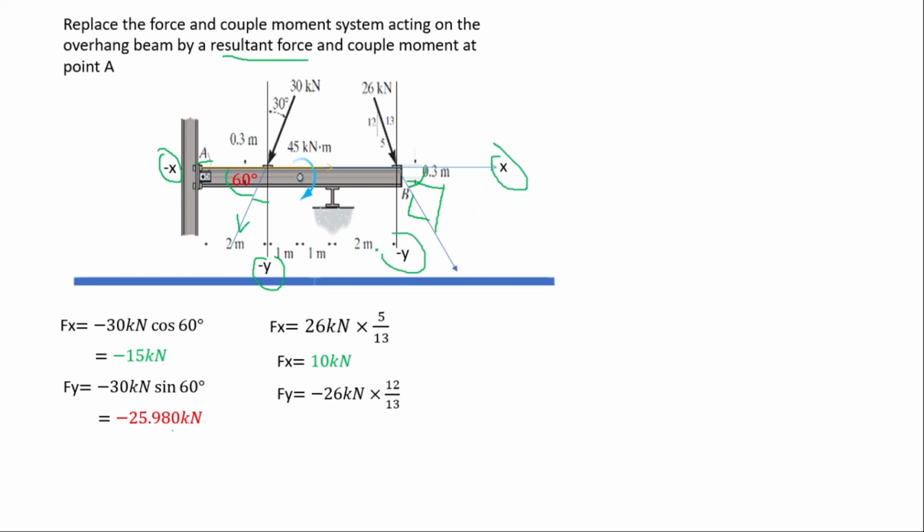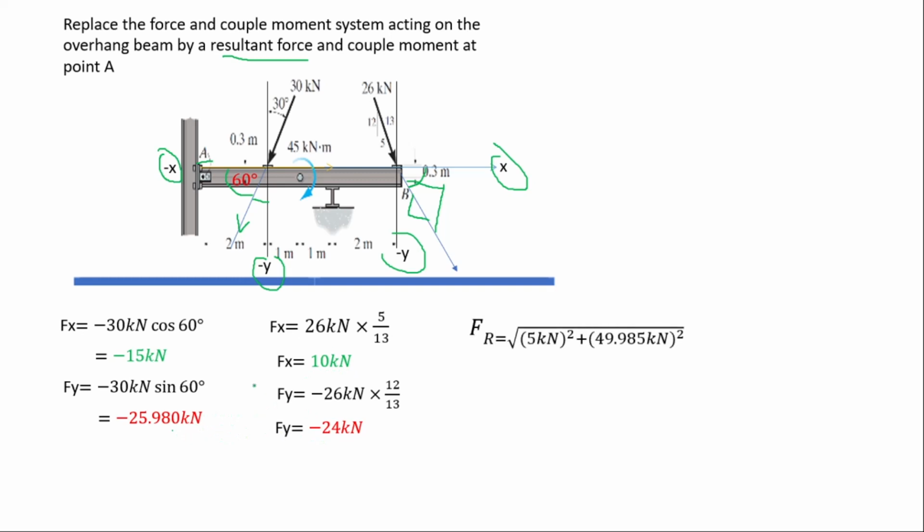So Fy is equal to negative 26 kilonewton times sine, opposite over hypotenuse, so 12 over 13, which will give you negative 24 kilonewton. So we have both forces. What you need to do now is add both forces. So the x components add up to 5 kilonewton, and the y components add up to negative 49.98 kilonewton.